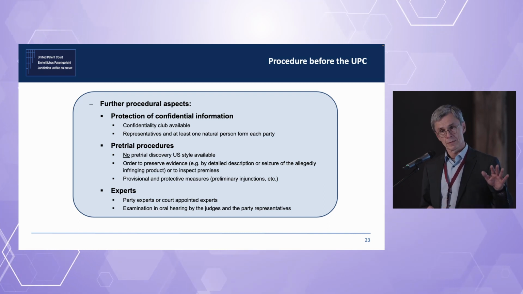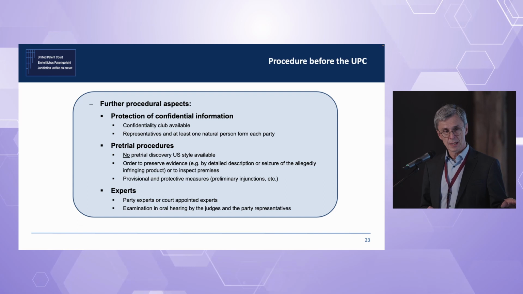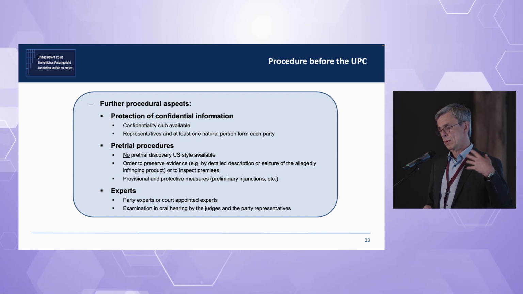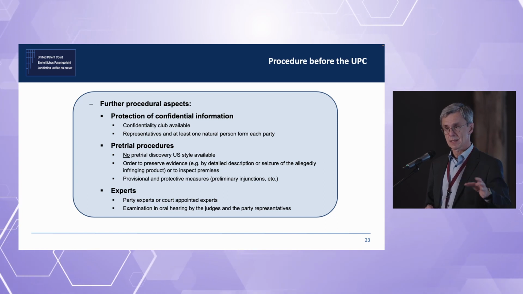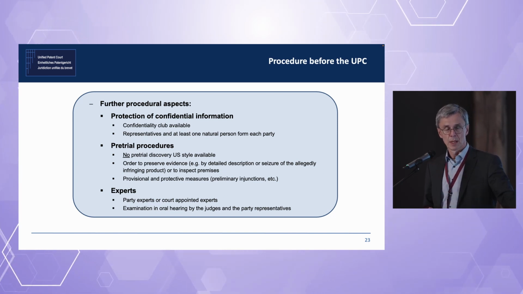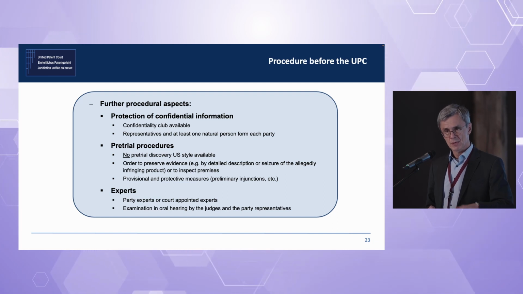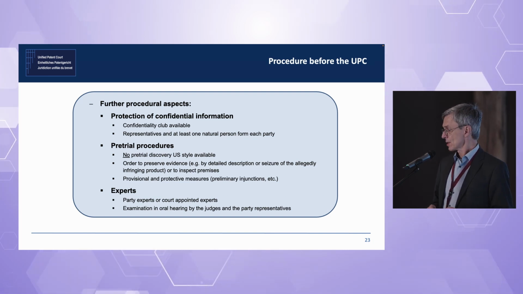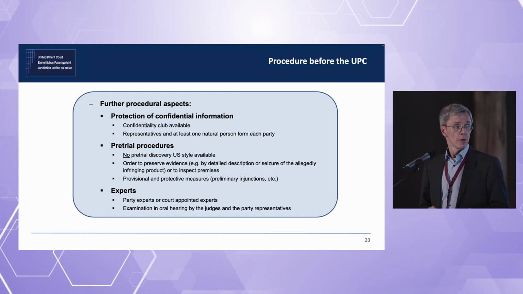So there can be confidentiality clubs, in particular when we speak about SEP cases, and it is about comparing licenses, and in the licenses there is a requirement that it should not be disclosed to anybody. That may be a case for such orders for a confidentiality club.